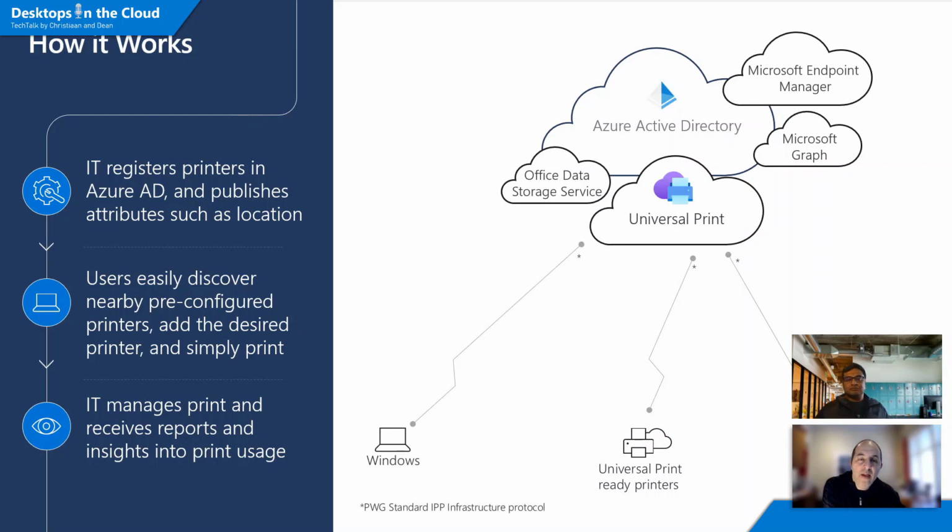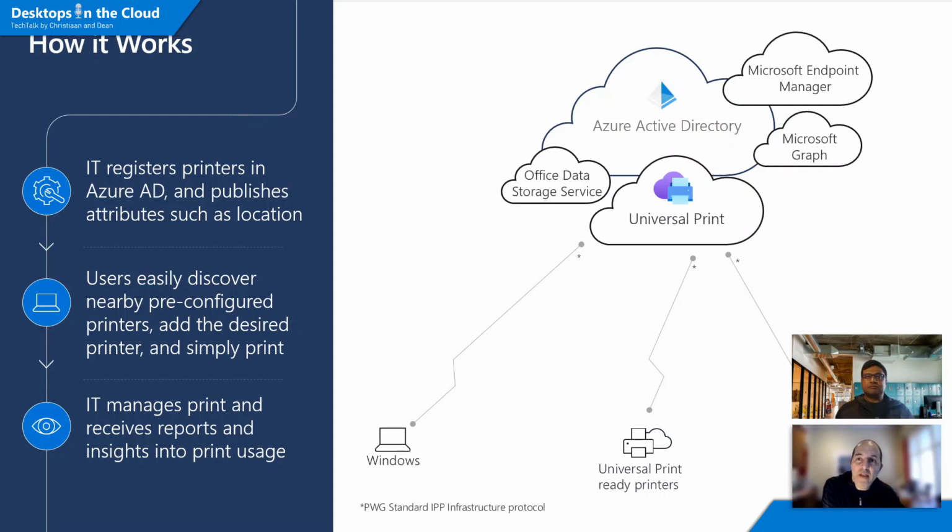The connector is a proxy, and that proxy enables the existing printers to connect to the Universal Print service. One connector can connect many printers to the cloud. The connector can be installed on a Windows machine or a server. It can be on a VM, local, or in the cloud. In this way, existing printers also work.